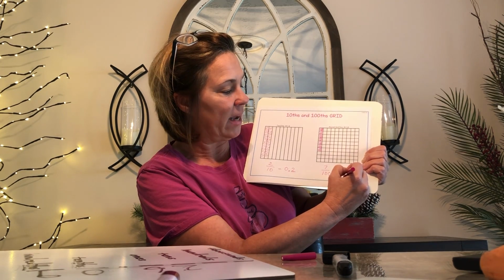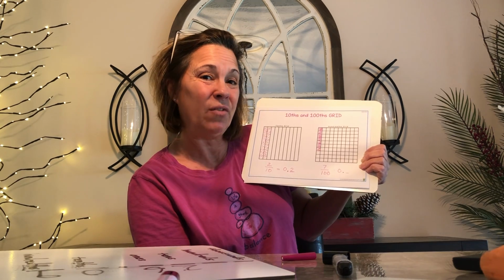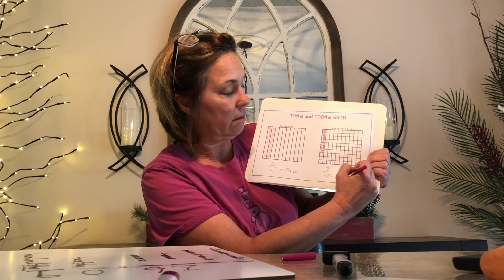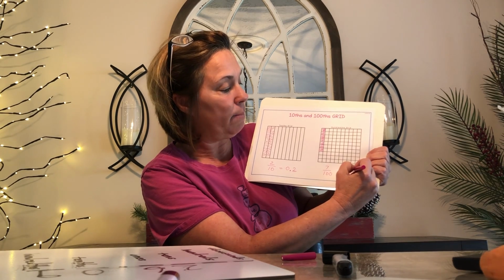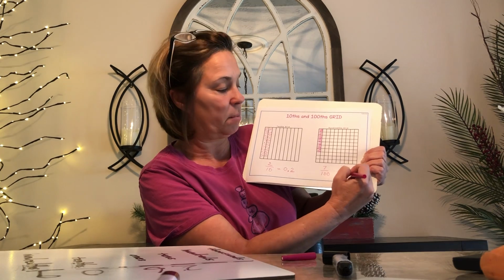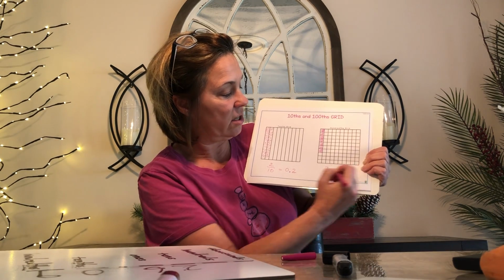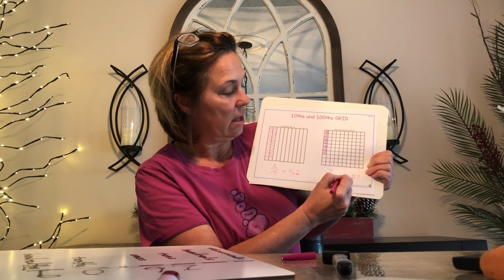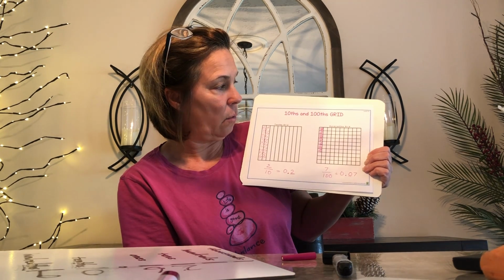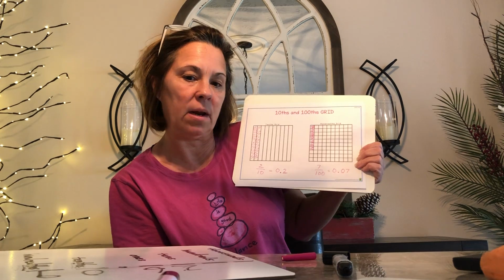No, because that's my tenths place, and I have to hold that spot. So I am going to put a 0 there to hold the spot, but then I put my 7 here because 7 is now in that hundredths place, tenths and then hundredths. So 7 hundredths looks like that as a decimal. I hope that helps.